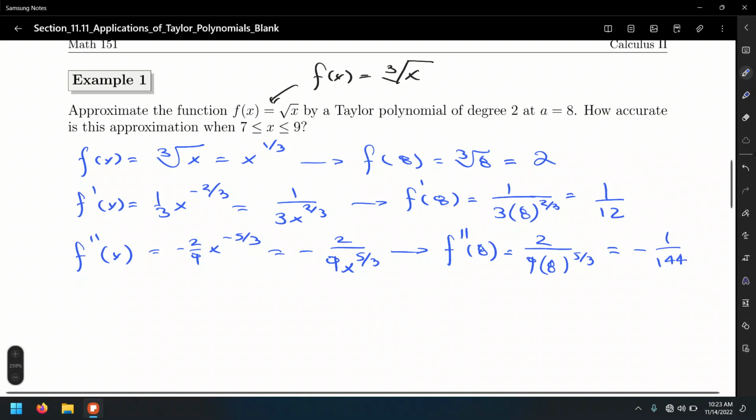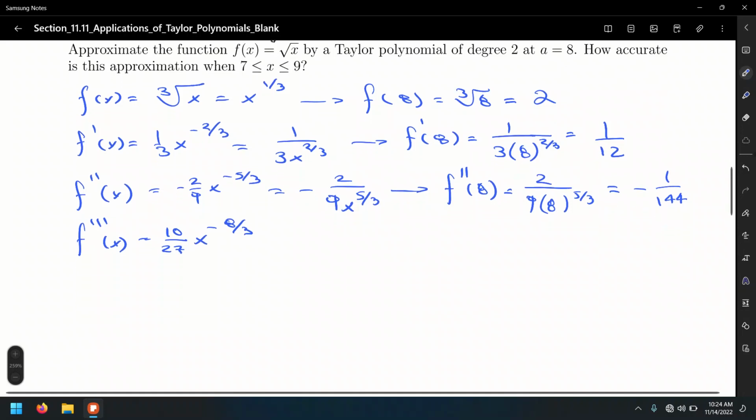Well, anyway, find the third derivative, and a negative times a negative equals positive. 2 times 5, that's 10/27, x to the negative 5/3 minus 3/3, that's a negative 8/3.